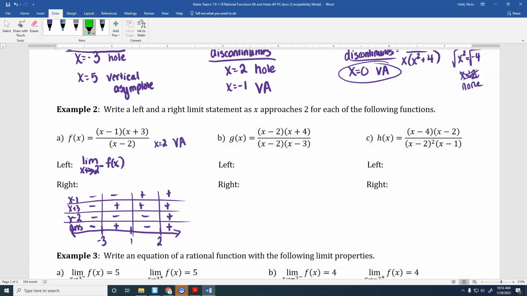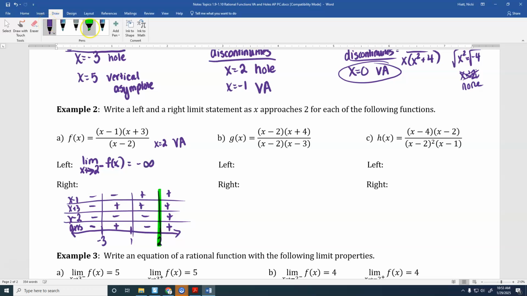In this case, they're only asking us about right here at 2. On the left side, what's your function? Oh, wait. No. It's negative right here. Now it goes negative, positive, negative, but we care about what's happening as we get closest. So we're getting a negative here. So that would be negative infinity.